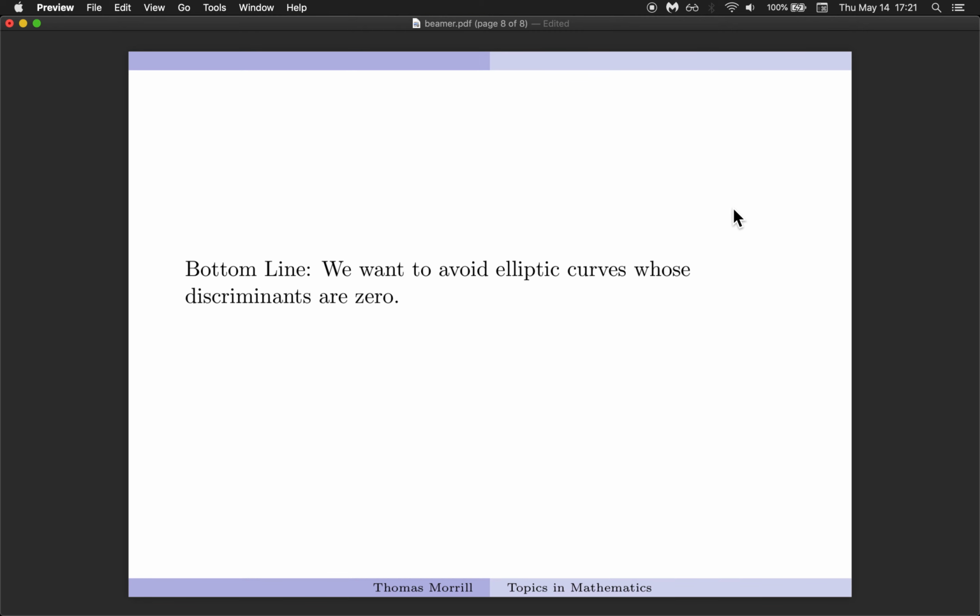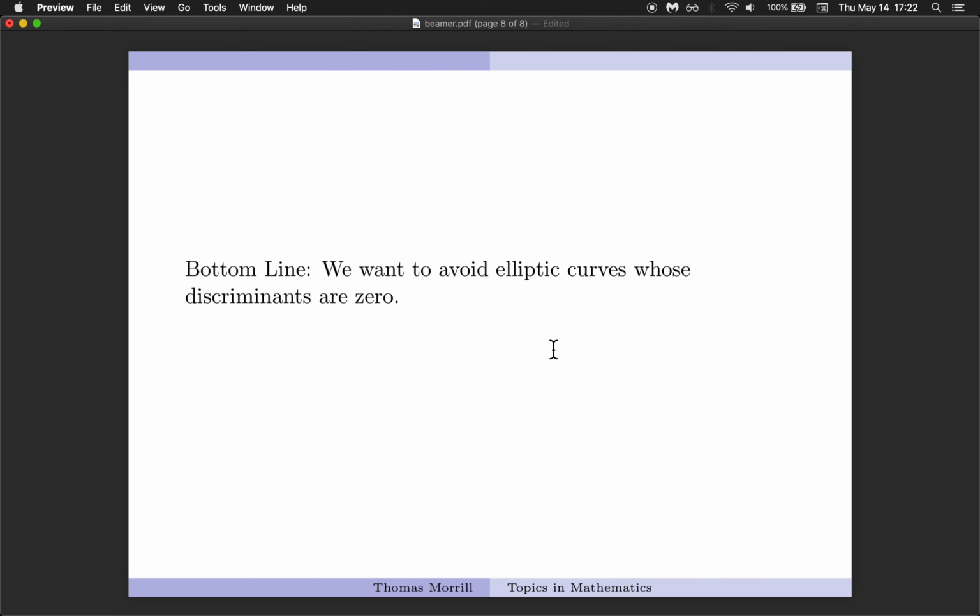If we get anything besides 0, then we are in business. And again, discriminants can tell us a little bit more, but for right now, I'm okay with just saying avoid discriminants of 0.